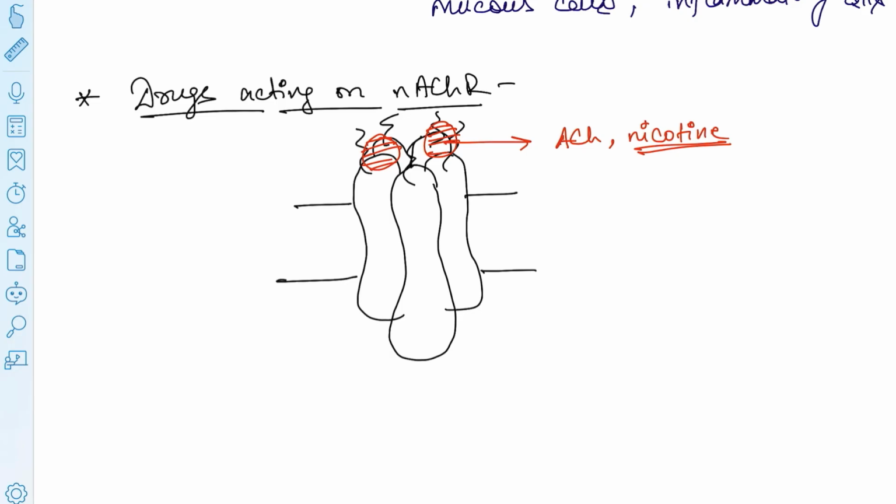So when someone smokes or vapes, the nicotine that goes into the circulation can go to the brain and activate the nicotinic receptors present in the dopaminergic neurons. Suppose this is the dopaminergic neuron, and it expresses different nicotinic receptors on its surface. When these nicotinic receptors are activated, they stimulate the dopaminergic neuron to release more dopamine.